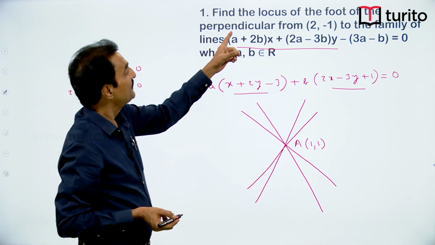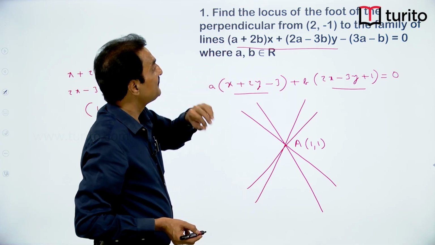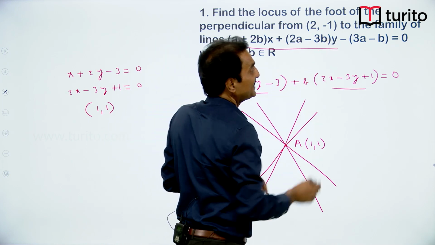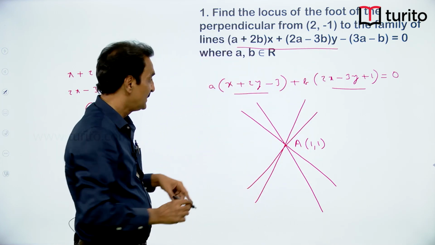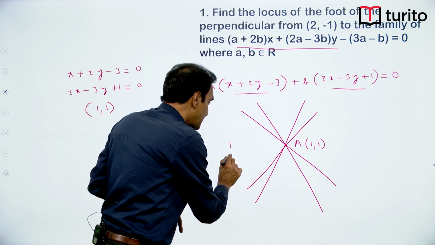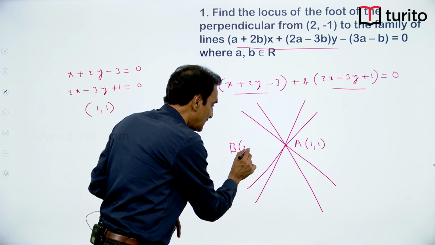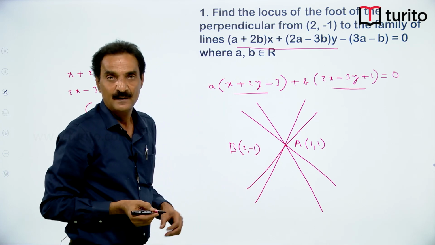Now, what do you want? Find the locus of the foot of the perpendicular from this point (2, -1) to the family of lines. So, let us take that point as B. B is (2, -1).